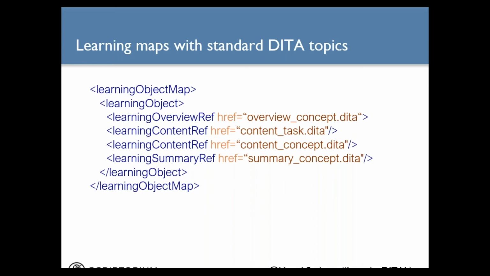Those can be reused from your standard content, and you can reference them in any position on this learning object map. So we can take that how to start the machine topic and just use that as our first learning content topic in this map. And then you can create other, maybe a learning summary or a learning overview topic type if that works best for you. It's however you want to make it work, but there is not going to be an error that you haven't used the right data topic type in this map.